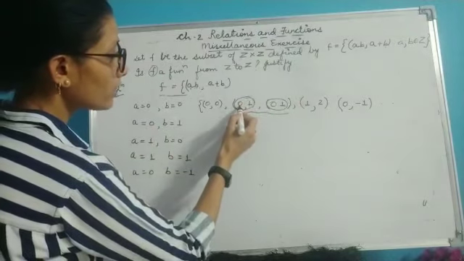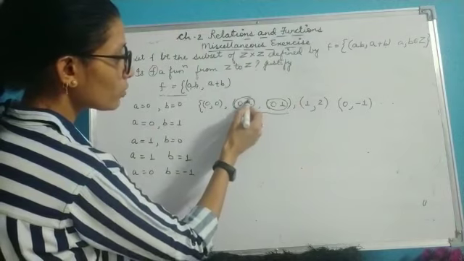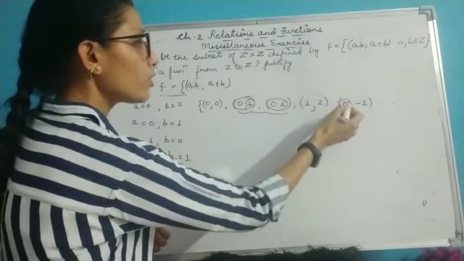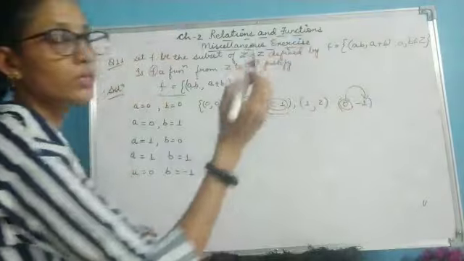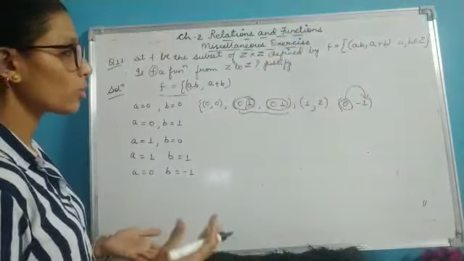But you see here it is (0, minus 1). The image of 0 is 1 over here, and the image of 0 is minus 1 over here. That means the uniqueness is not satisfied.